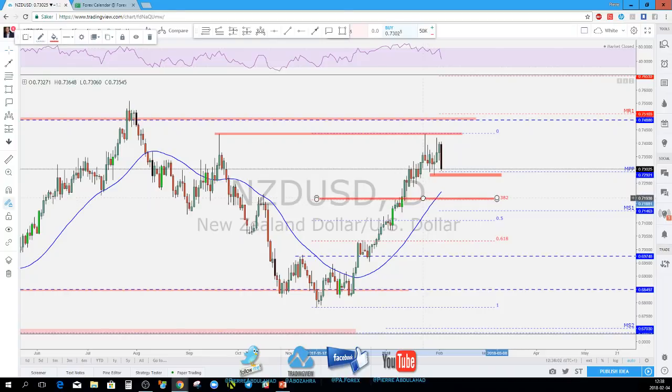We do have the 38, which I like to look at, especially in a strong moving market, and our 50 comes also as a possible structure. But of course the 61.8 is my most favorite one, comes as well as a structure, and this neckline here is like the last level to defend.